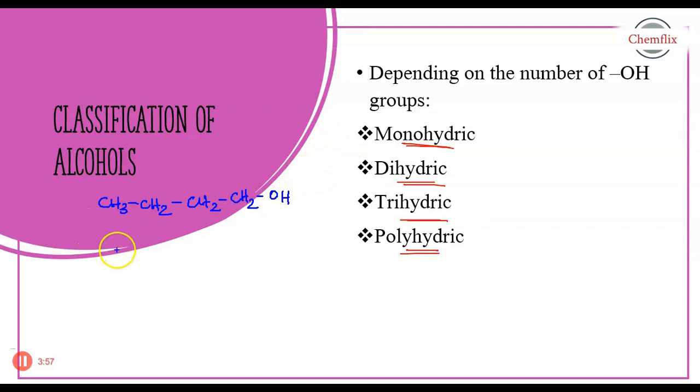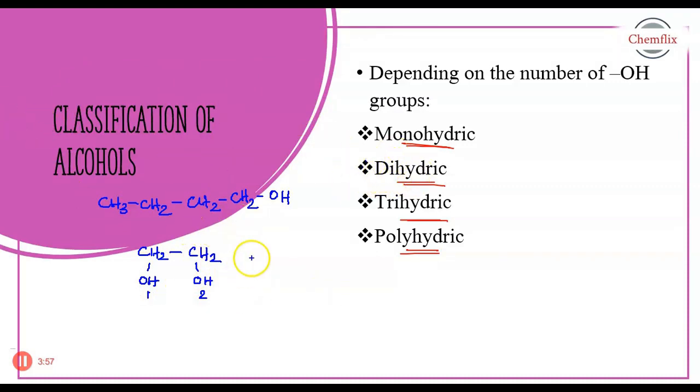For example, ethylene glycol, CH2, CH2, OH, OH. Here you can find two hydroxyl groups. Therefore, it is an example of dihydric alcohol.